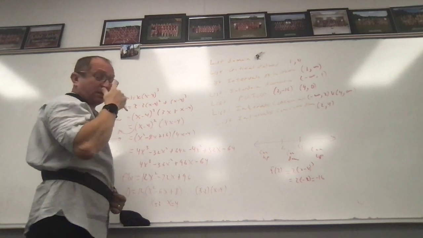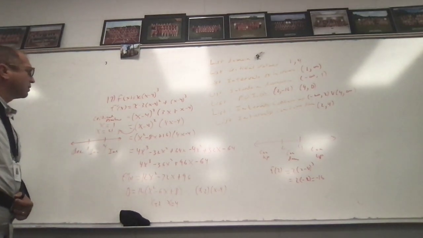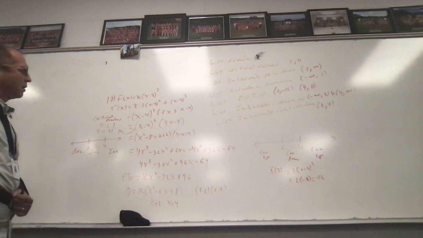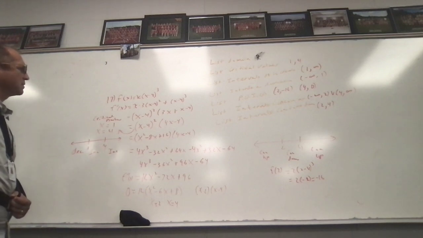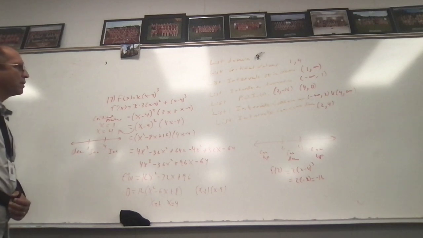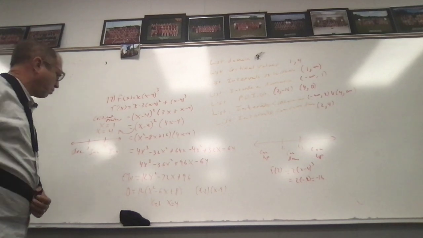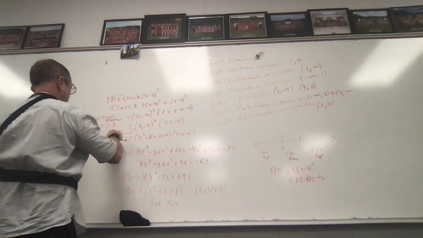Sometimes the intercepts are harder to solve for than they're worth for just sketching a graph. But I also want to know what this point is for my critical numbers.